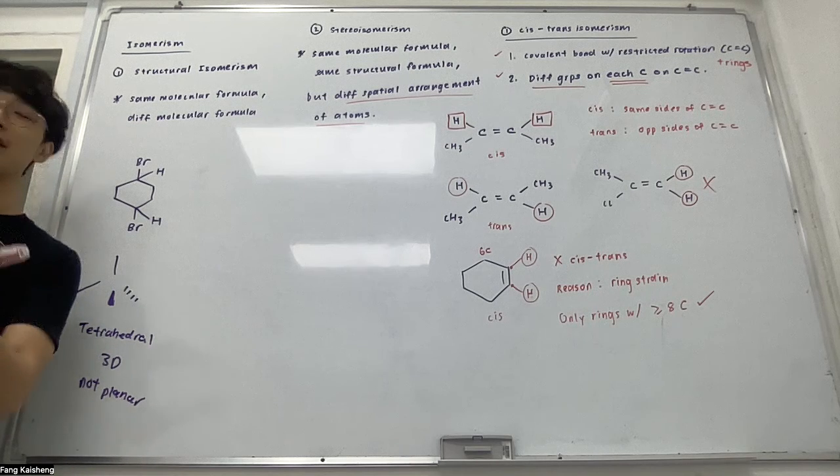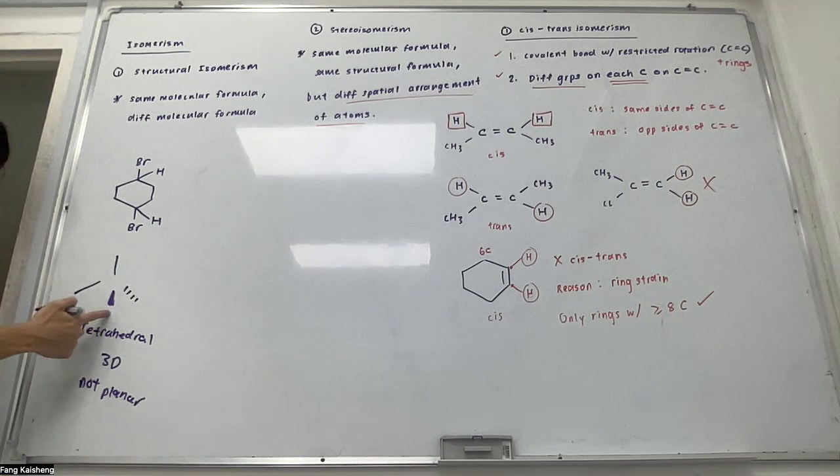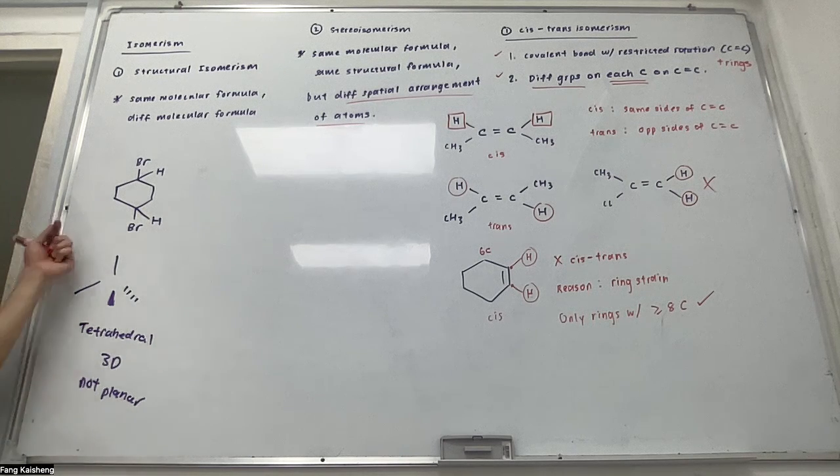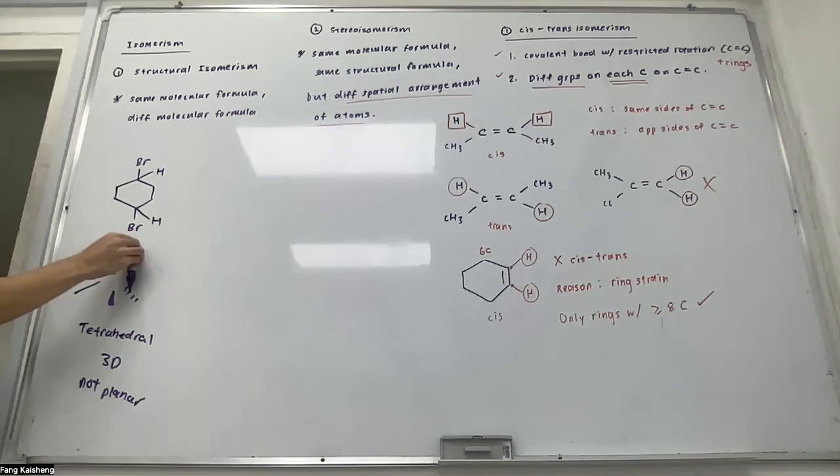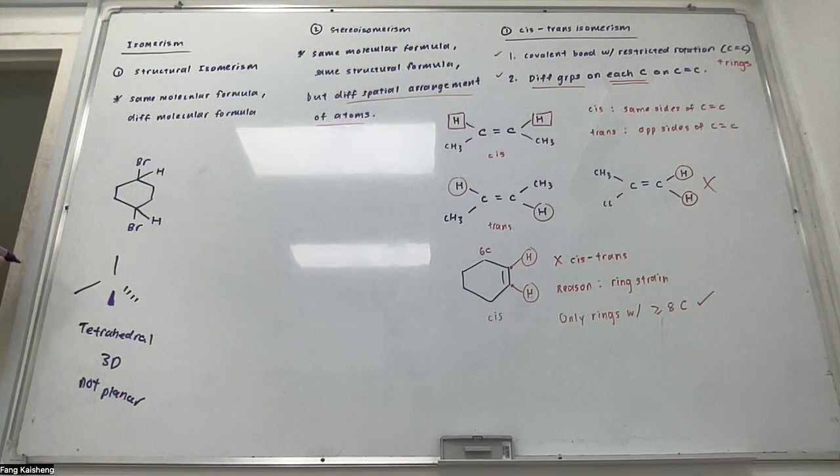It's not flat. That's why they use this to show. Later I'll talk about this more. But this solid bond, imagine it is facing you right now. It's protruding out of the board. But this dash bond is going inwards. It's not flat on the board, it's inwards. These two are flat on the board. This one is protruding outwards, this one is protruding inwards. Can you see that? That's basically the idea of this.